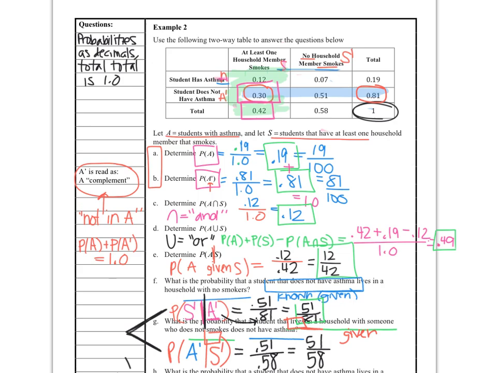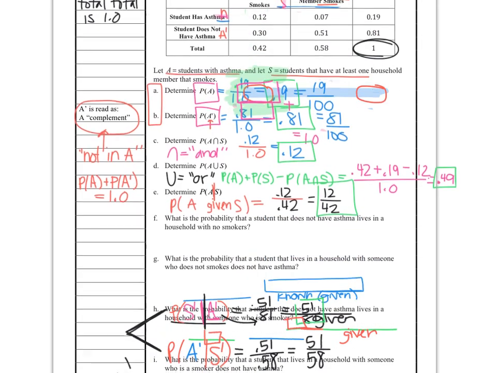Well, when I look back at my table, I first highlighted the smoker column, I know that there's 0.42 in total, and out of all of them, how many are not asthmatic? So that's this 0.30. So instead of looking across the row, I'm now looking down the column because this time I was given smoker as compared to last time I was given non-asthmatic. So again, this 0.30 is the same as the numerator, but the denominator switches based on the given statement. Remember, given statement is always what goes on the bottom.